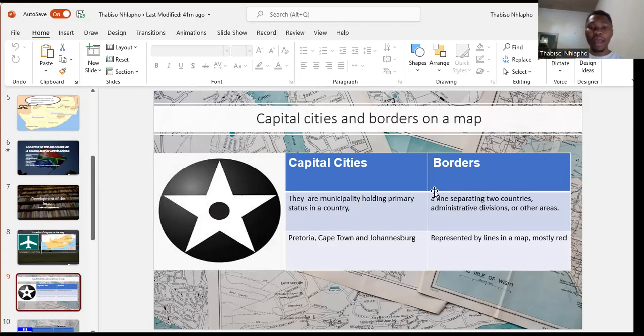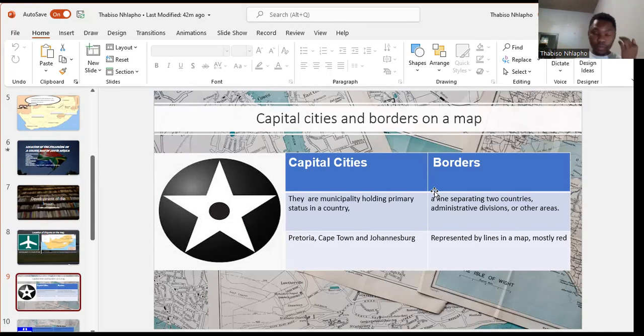What we understand about capital cities is that they are municipalities holding primary status in South Africa. These cities are important. They hold the primary status of the country, which means they attract tourists. This is where celebrities and people of the higher classes prefer to stay.